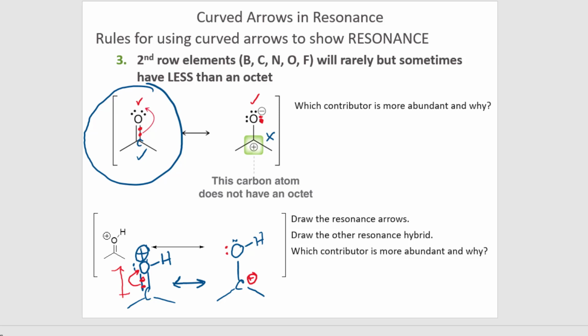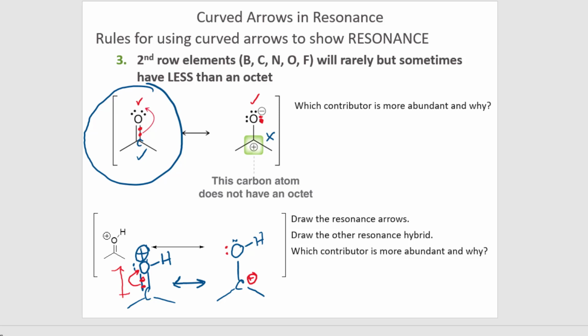You could say, oh, well, oxygen being positive, that's not good. Someone could say, well, carbon's positive and doesn't have an octet. Which one wins out? Well, if you think about it, I know the oxygen with a positive charge might look a little uncomfortable to you because you might rationalize oxygen's electronegative and it doesn't want to be positive, which is absolutely true.